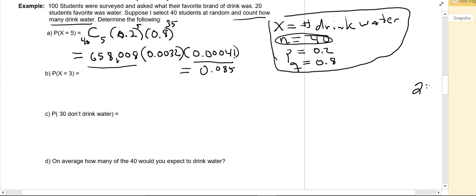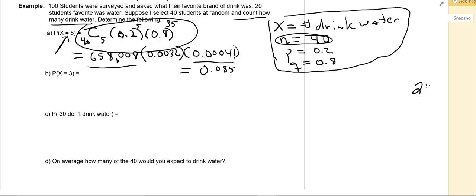0.085. Okay, so here's the formula for calculating the probability of a binomial distribution. We're asked if it equals something. The next one, the probability X is equal to 3. Once again, we take out the formula. C, there's 40 trials. I want 3 successes.